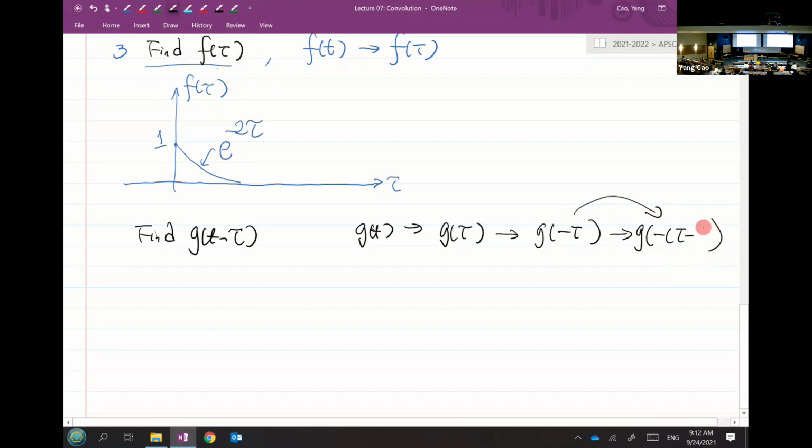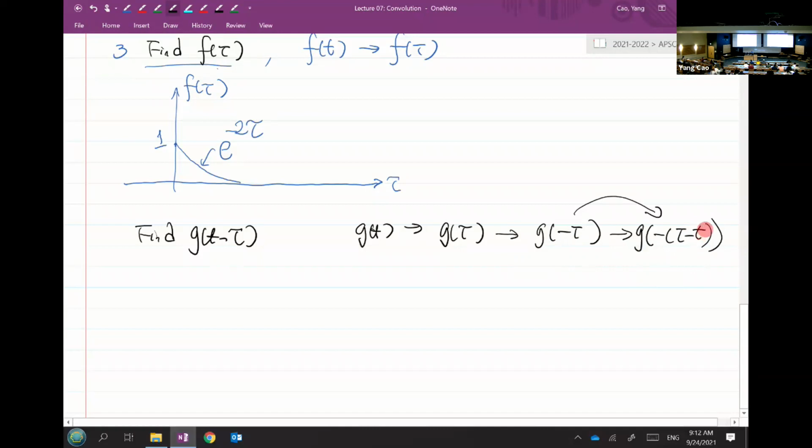But if I don't use a t, let's say I use a 1, you will probably feel comfortable. What's the difference between g of negative tau and g of negative tau minus 1? Shift to the right by 1 unit. However, I don't need tau minus 1 here. What I need is t minus tau.